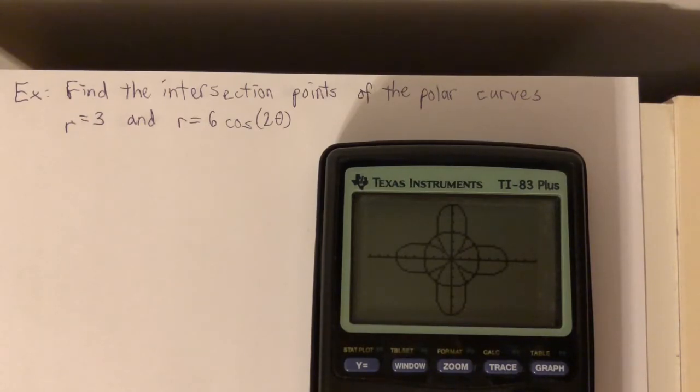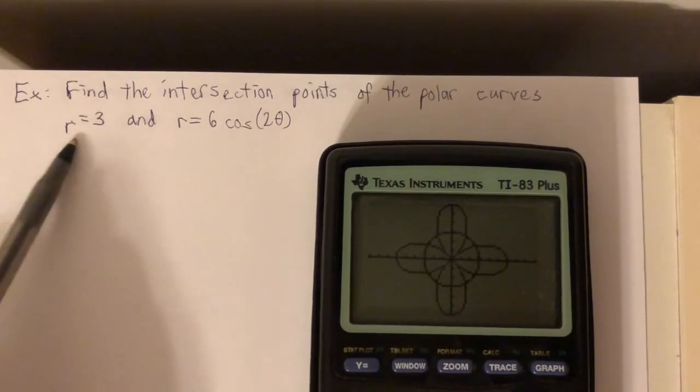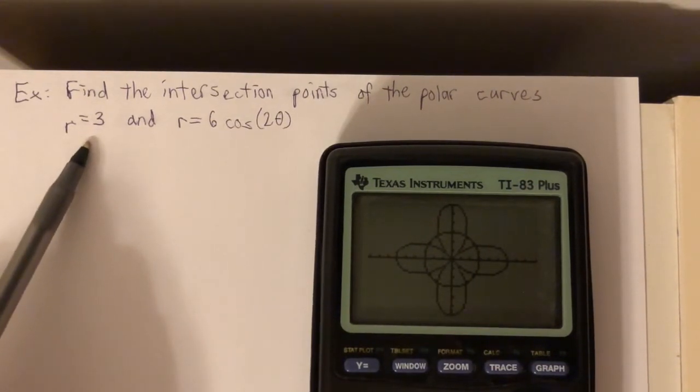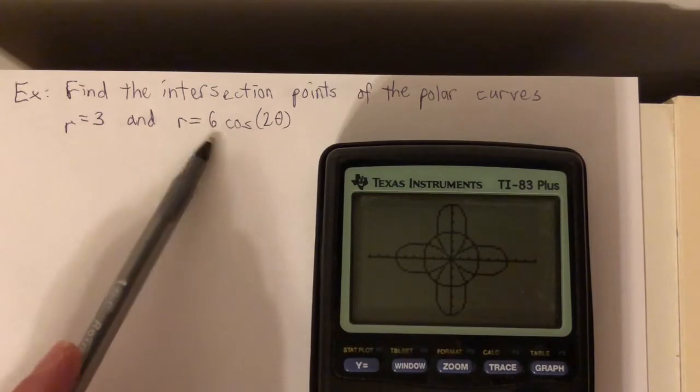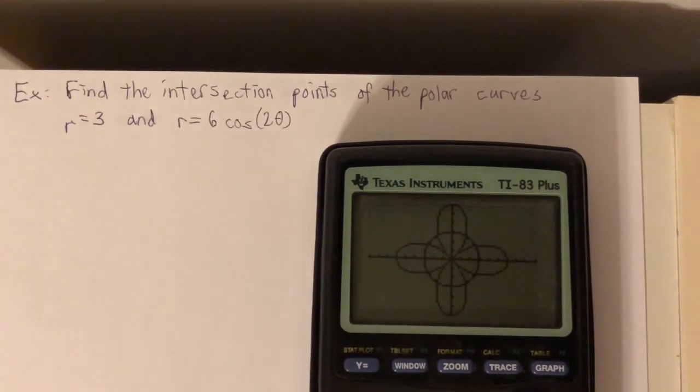So we've got the circle and the rose, so we would expect the equation r equals 3 to be the circle, radius 3 centered at the pole, and r equals 6 cosine 2 theta. We should recognize that as having the form of the rose curve that we talked about in the second video.